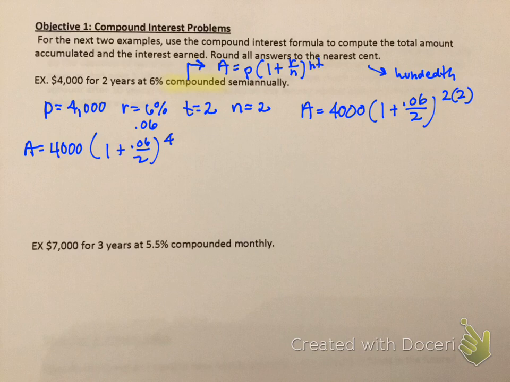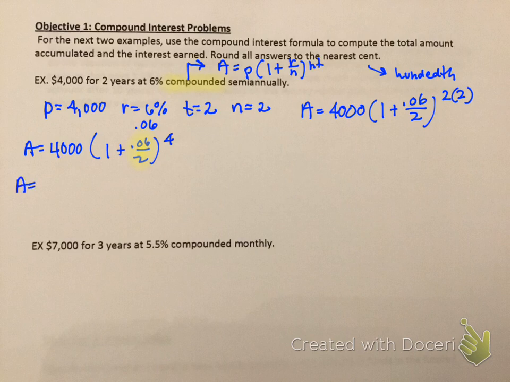So according to the order of operations, or maybe you've heard, please excuse my dear Aunt Sally, that's a mnemonic device for deciding what to do first, we always have to start inside the parentheses. And because division is of higher order than addition, you have to do that first. So the first thing we're going to do is take 0.06 over 2 and find out what that value is, and then we're going to add 1 to it, okay?